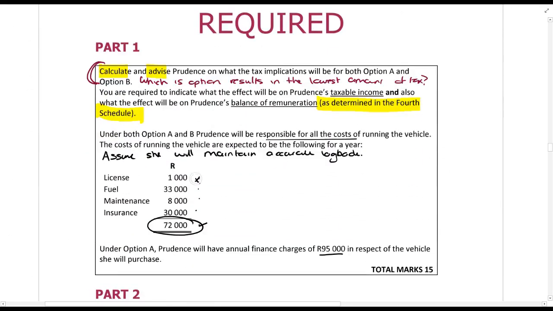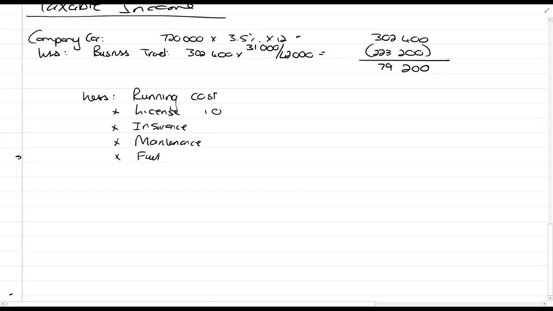License is 1,000. Fuel, just hold on for a second with that. Maintenance is 8,000 and insurance is 30,000. So let's do those. 1,000, 8,000, 30,000. Now all of those we have to multiply.